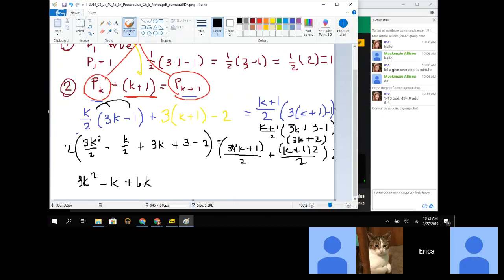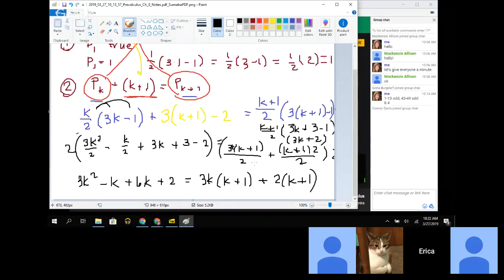And then I'm just going to combine these together. It's going to be 3 minus 2, which is 1 times 2. So plus 2 equals 3k times k plus 1 plus 2 times k plus 1.